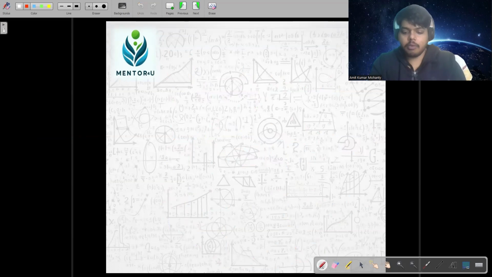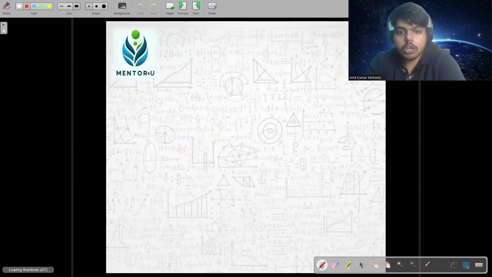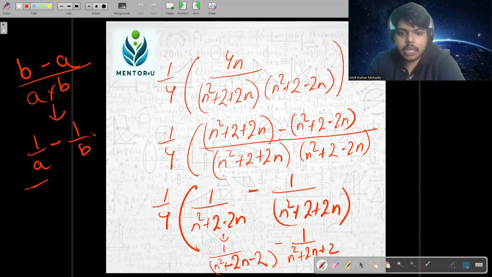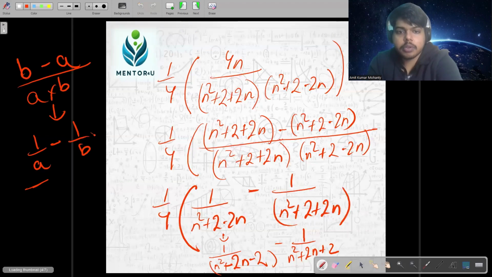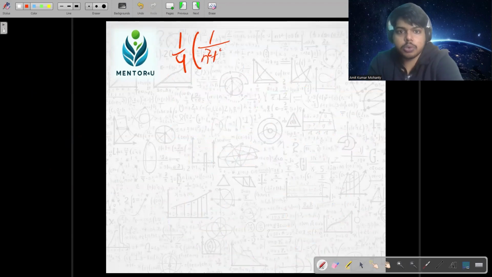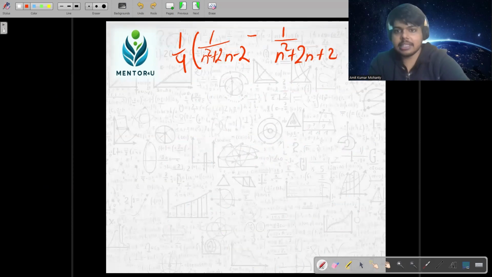Whatever values I have till now, it is 1 by 4 multiplied by, let's check with the value, 1 by n square plus 2n minus 2 minus 1 by n square plus 2n plus 2. Clear? I hope up till this it is clear.